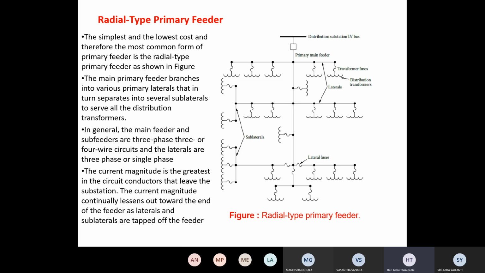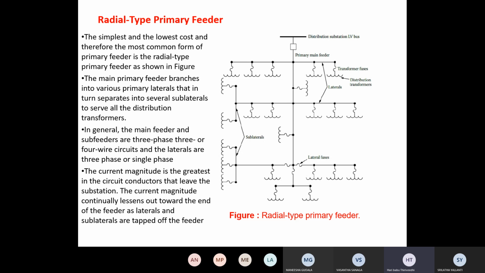Generally the feeders are utilized to transfer constant voltage to the distributor end. That's why it is the simplest and lowest cost. Whenever you have to provide constant voltage, there is no problem. Why simplest? Because it is a single path, there are no tappings.